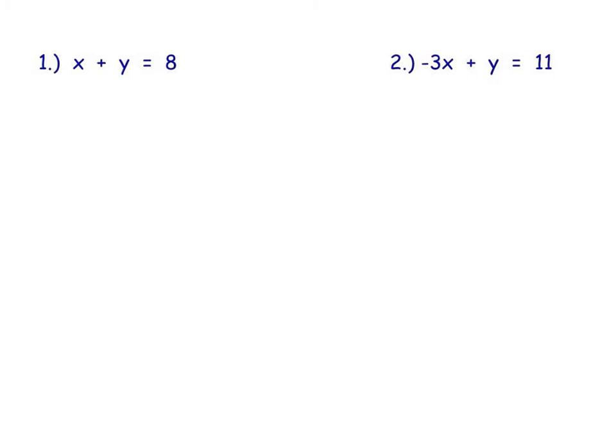So let's try that process with example 1. Remember, an equation in function form begins with y equals mx plus b. So here is our y in equation number 1. We want to get that by itself. So in order to do that, let's take away x on both sides of the problem. That will leave us with y equals 8 minus, I'm going to write that as 1x so that there's a number in front of the x.